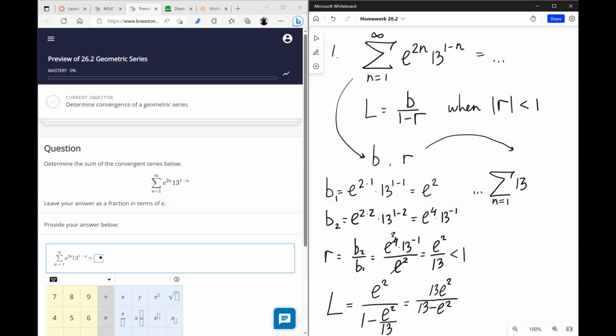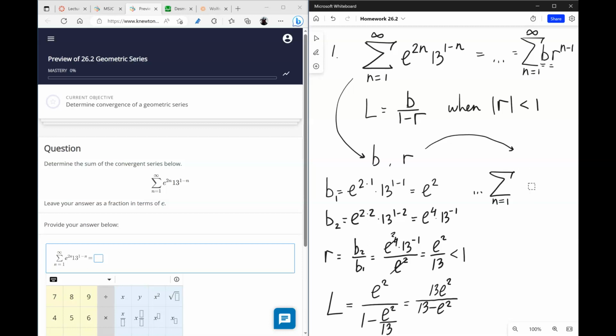We're trying to express this in this form, and by doing that we can identify b and r.